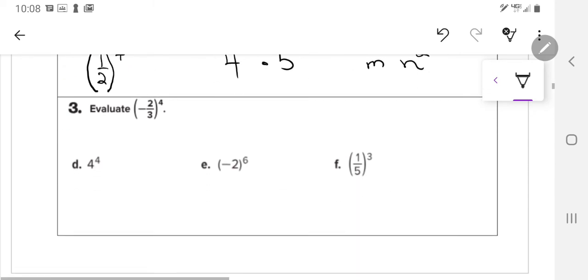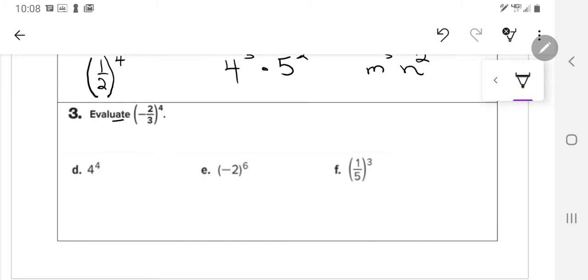Let's move on. Now evaluate. Evaluate means simplify, so actually find the result. So let's evaluate this fraction here. This 4 tells you how many times to multiply the base of -2/3.